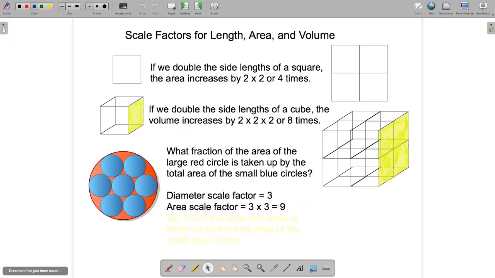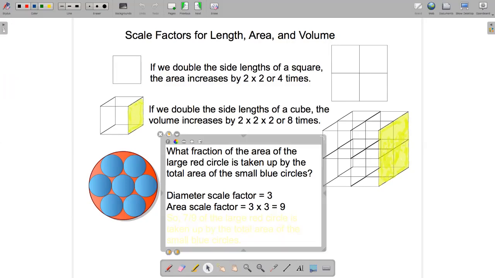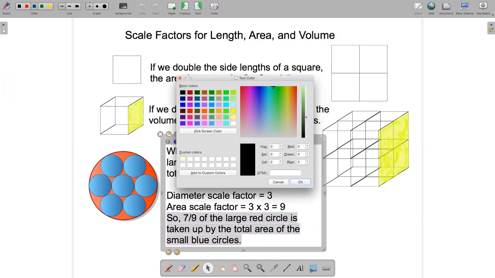Okay, so the area scale factor for the red circle compared to the blue circle, any one of the blue circles, is 9 times. But I've got 7 blue circles. So therefore, the area taken up by the 7 blue circles must be 7/9 of the large red circle. And that's the answer to our question.